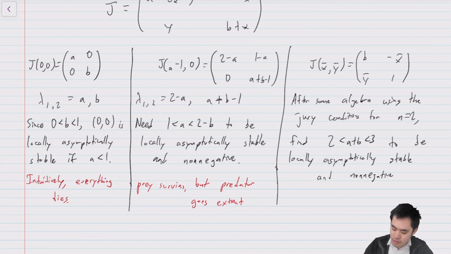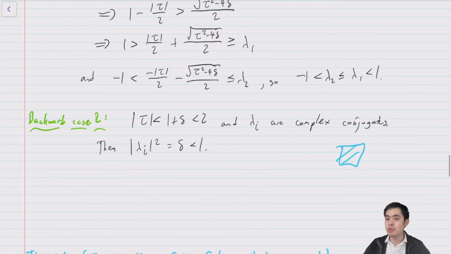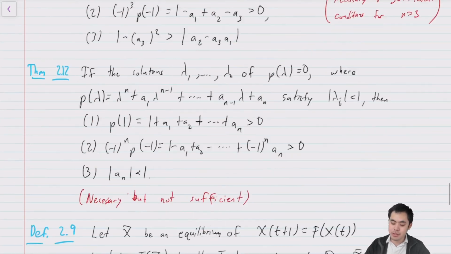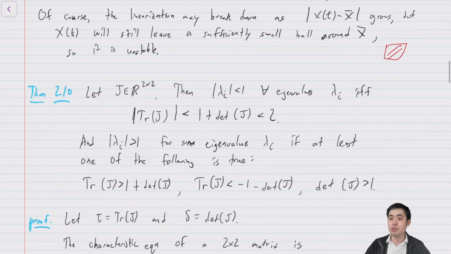And so here, the prey survives and the predator survives. In this case, you can do it directly by computing the eigenvalues, or you can use the Jury conditions that we discussed in Theorem 2.10 and just check the trace and determinant, which is a little bit more straightforward.